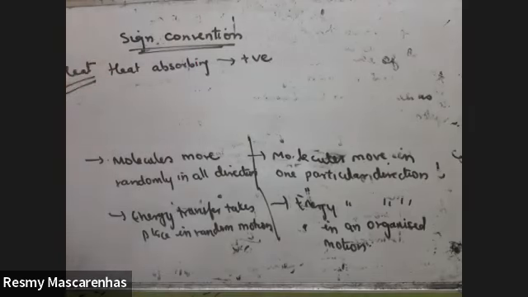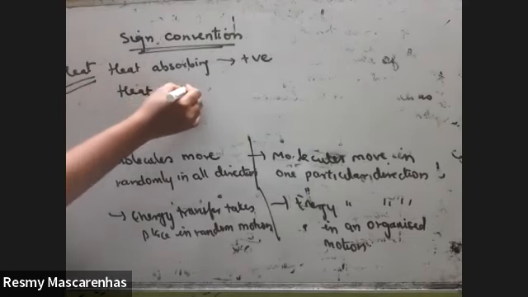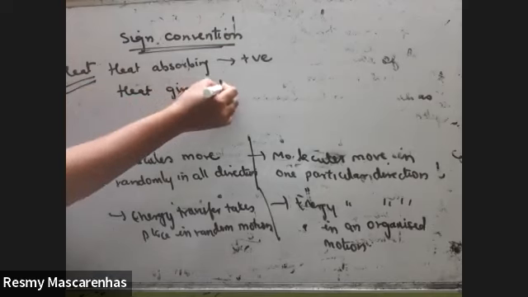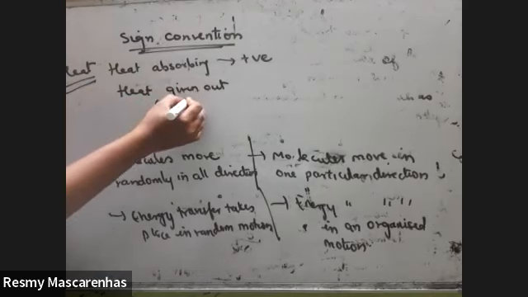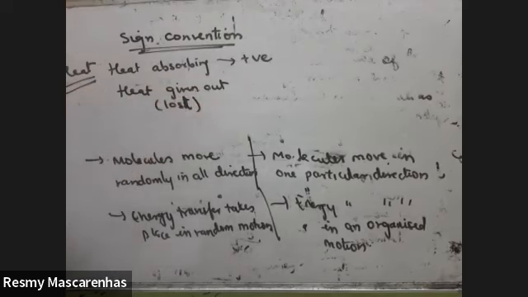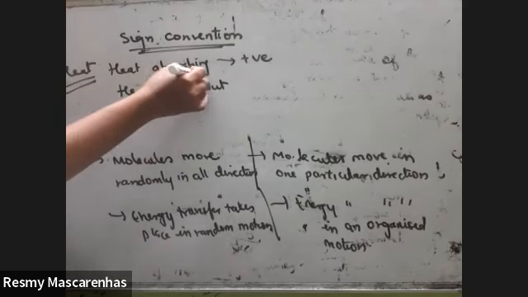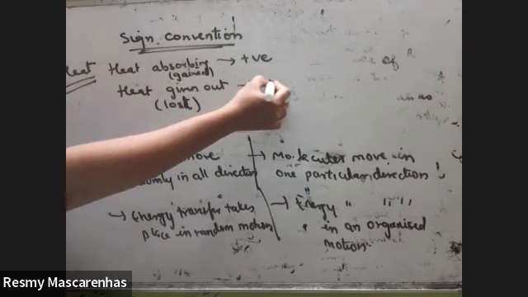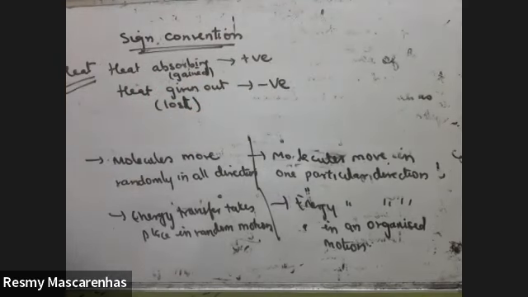Heat given out, loss of heat, this is gain, then it is considered negative. I told you in the last class also, if you are losing heat, it is indicated by a negative sign.